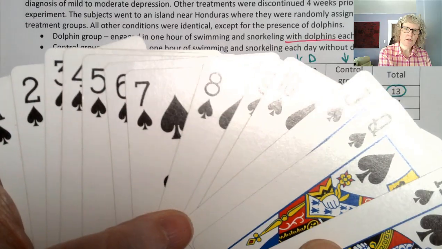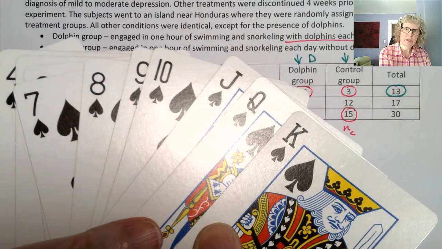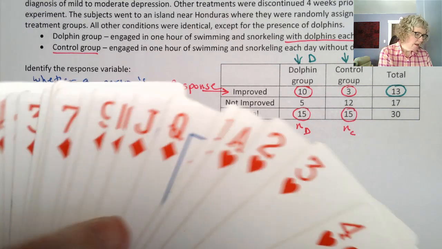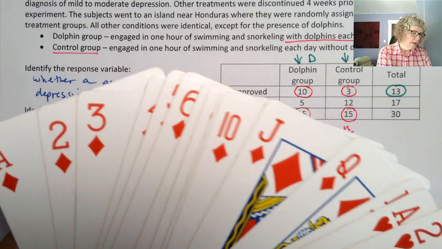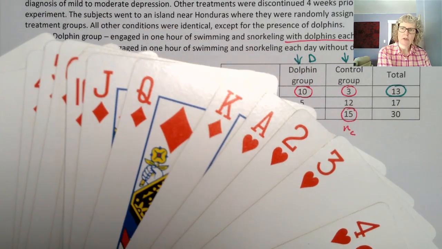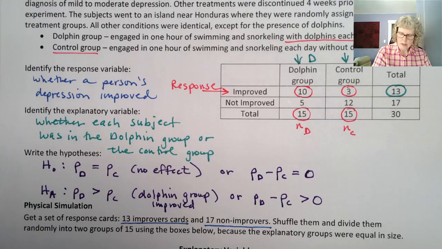This is all 13, 10, and Jack, Queen, King, for the improvers. So black will be improvers. And then I did red, and I've got all 13 plus 4 more to get the 17. Those will be the non-improvers. If you want to be getting that ready, you can do that.